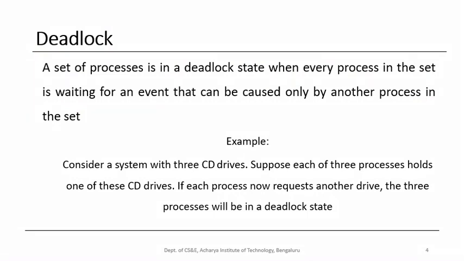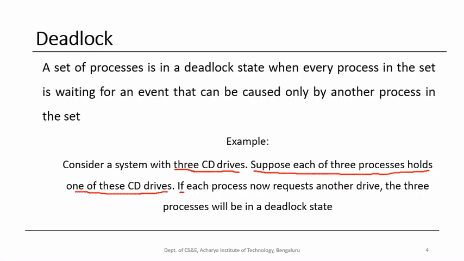Assume that the system has 3 CD drives. That means there are 3 instances of CD drives, and let us also assume that there are 3 processes in the system, and each of the 3 processes holds one of these CD drives. That means every process is holding a CD drive. Let us assume that these processes, to complete their execution, might need one more CD drive.